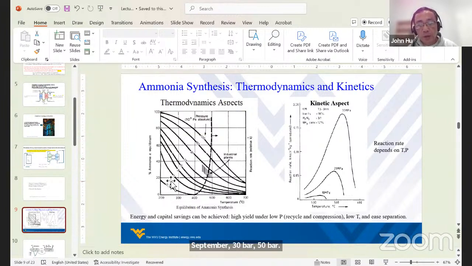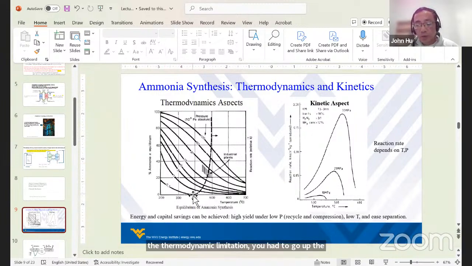When you increase pressure, the equilibrium conversion increases. But at ambient pressure, you can only do the conventional Haber-Bosch approach, operating at 200 to 400 degrees C. Beyond 400 degrees C, you don't have conversion because of the thermodynamic limitation. You have to go up in pressure.